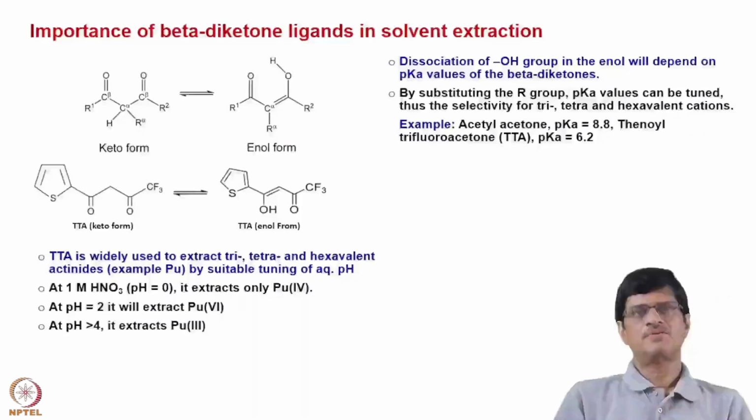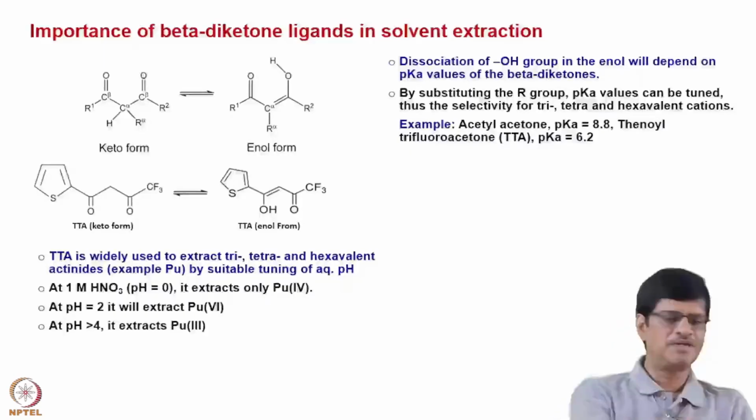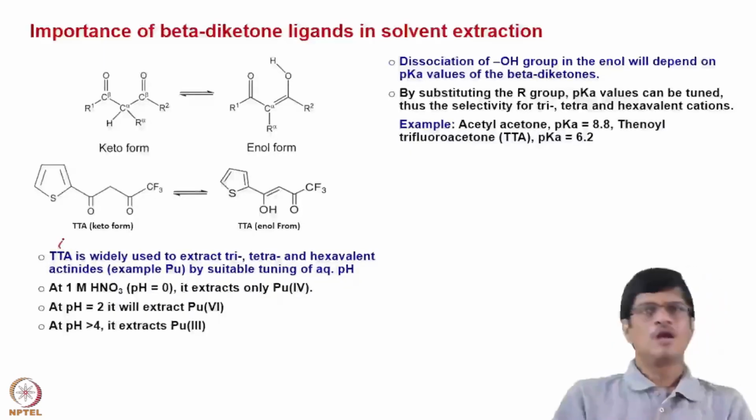Another class of extractant is the beta diketones, which are again acidic extractants, and they form chelate complexes. Beta diketones like thenoyltrifluoroacetone, or HTTA, simply TTA, which is written here, are generally present in the keto form, and they are in equilibrium with the enol form.